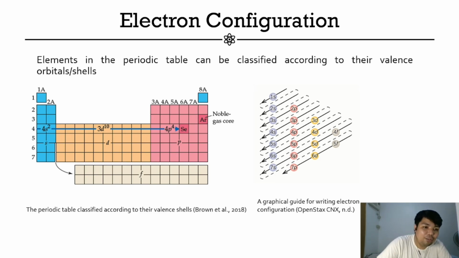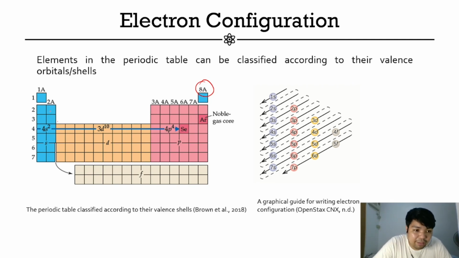So groups 1A and 2A belong to the s block, and groups 3A to 8A, with the exemption of helium, belong to the p block, because obviously their valence orbitals are s and p orbitals respectively.